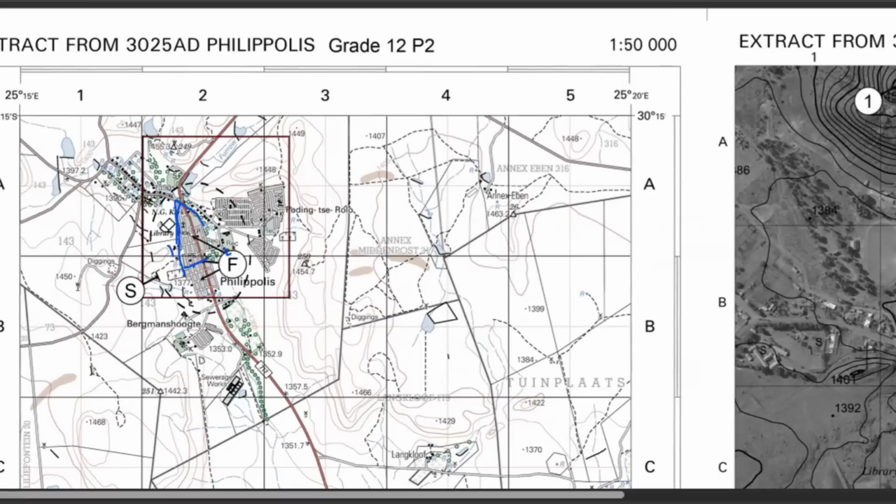What could have influenced the development of Philippolis in this particular area? Right, we try to look at the surrounding environment and try to see if there are any other factors related to the settlement which might have favored the situation of this particular settlement.